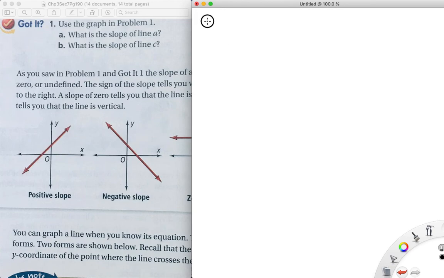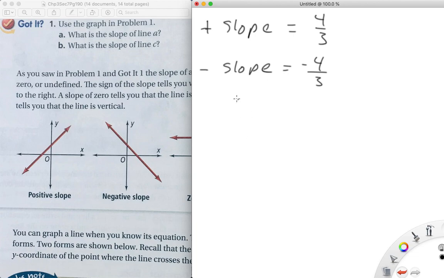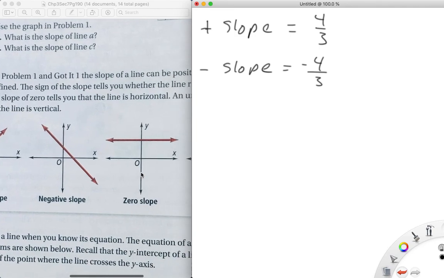So if we have a positive slope, we'll have something like, just like we had before, the 4/3. It's a positive number. If we had a negative slope, it would be like negative 4/3 because we're now going in the downward direction. This is all going from left to right. It's going to look different if we go from right to left. We'll talk about that later in life, not today.